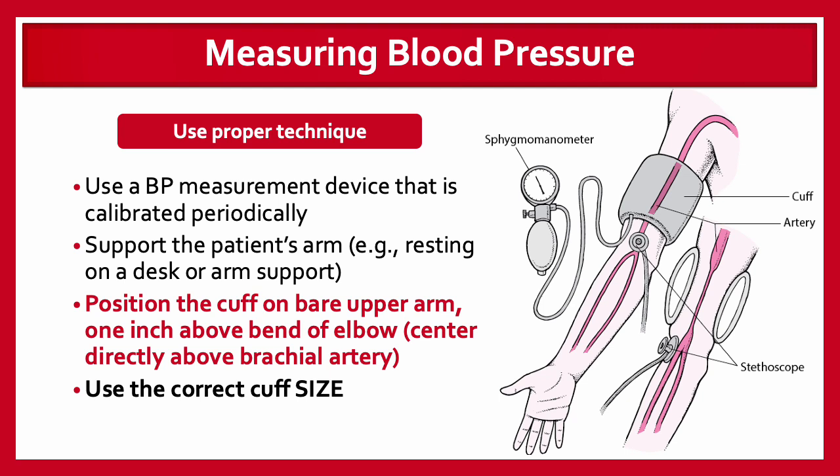Alright, so using proper techniques. First we want to make sure we have a device that is calibrated, that we know works well. We have a lot of automatic blood pressure devices now, so you don't have to use a cuff and a sphygmomanometer and a stethoscope to get someone's blood pressure like I had to when I was in pharmacy school.